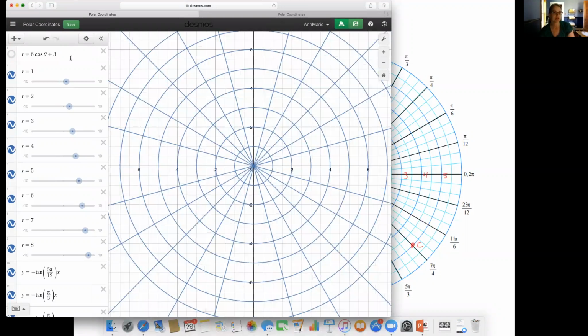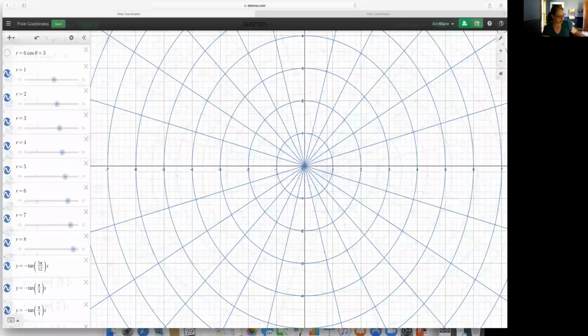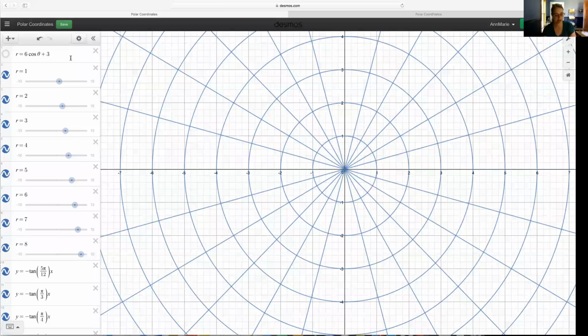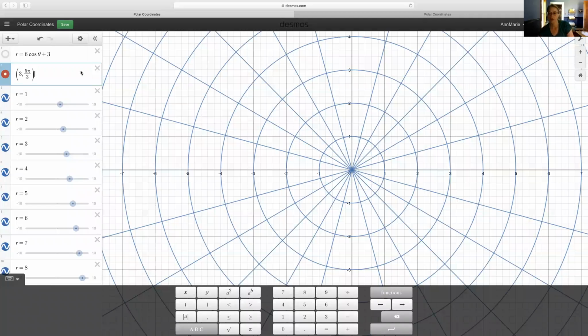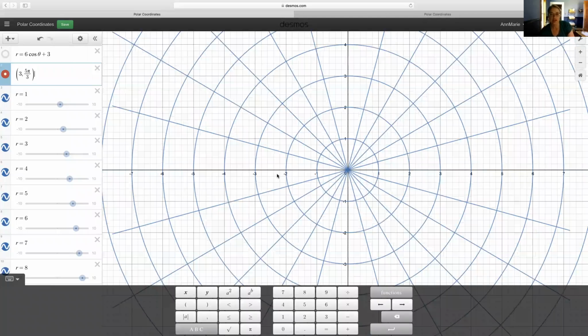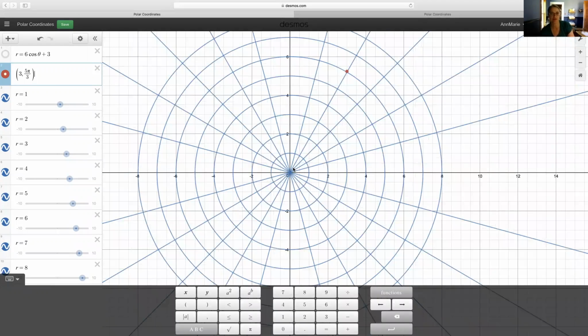Okay, so my first point was 3. So we'll just graph the point: 3, comma, 5π/3. And Desmos, yes, it's right here. So you can see this blue ray gives us the 5π/3.